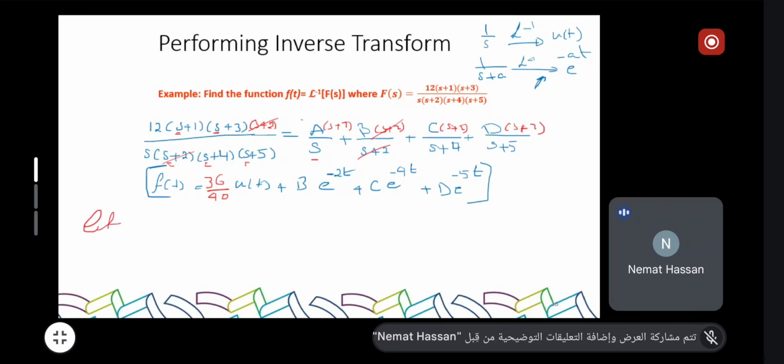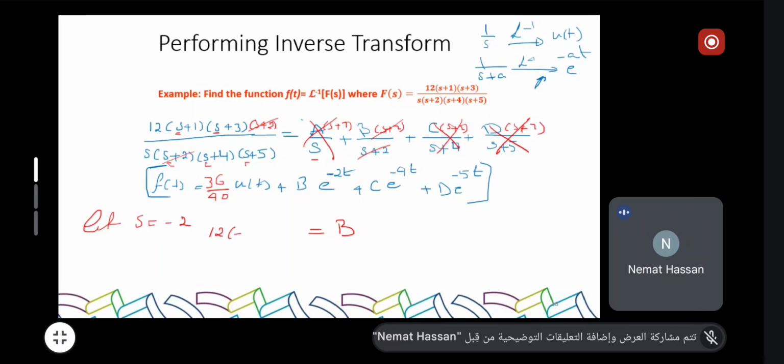And that is if S is equal to minus 2. So if S is minus 2, it means A multiplied by 0, C multiplied by 0, D multiplied by 0. And then on the right hand side of the equation, the only variable I have left is B. And on the left side, I'm going to replace every S by minus 2.